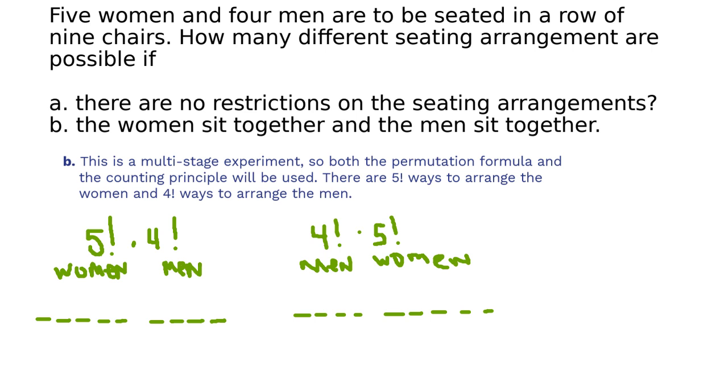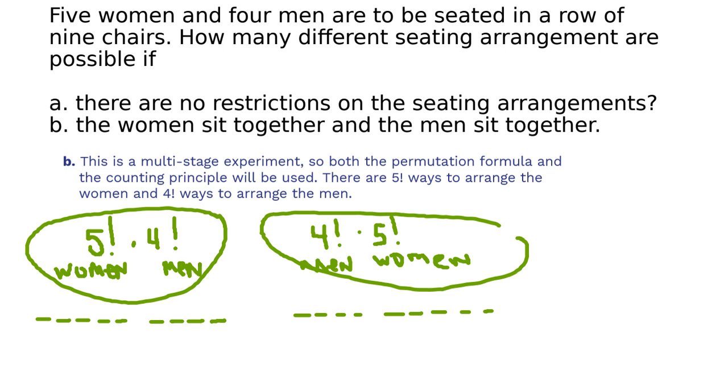Okay, so my answer here could be that we have 2 ways, 1, 2, and we're going to multiply it because we're using the counting principle. And then this is how we get the 5 women, and then the 4 men. Okay, so that's going to be equal to 2 times 5 times 4 times 3 times 2 times 1, that's for the 5 factorial, times 4 times 3 times 2 times 1.